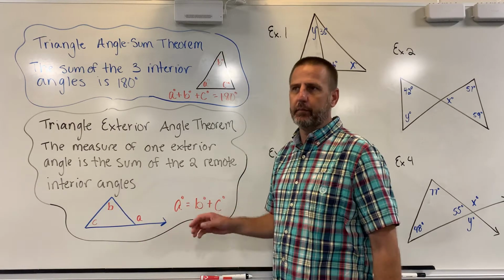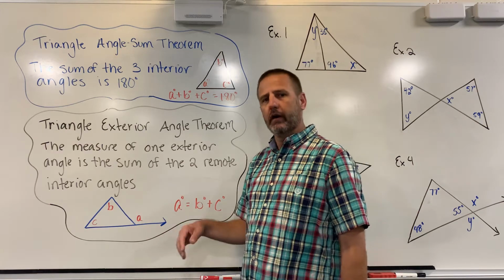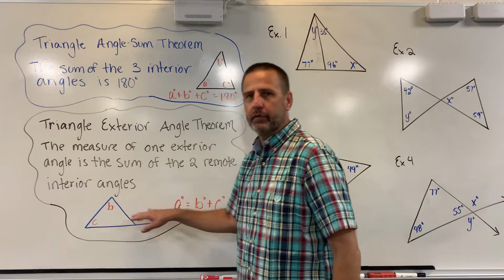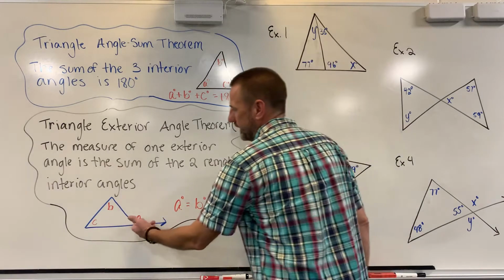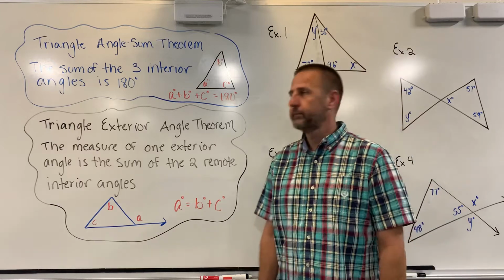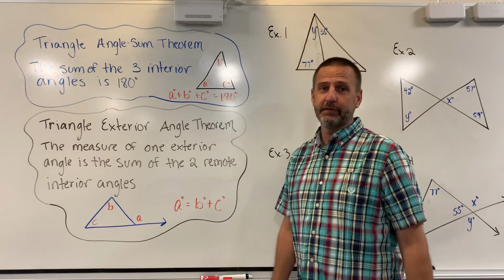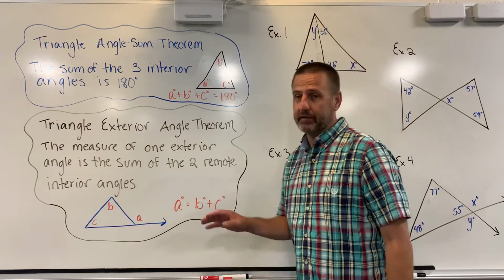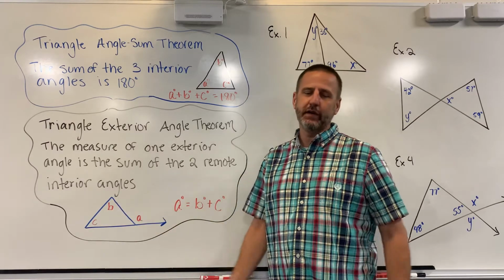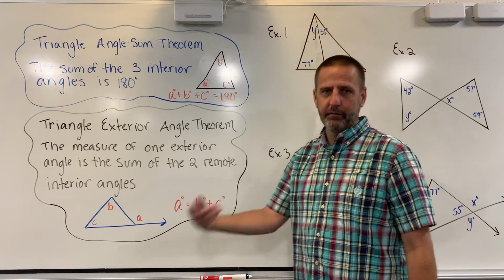If you think about remote as meaning afar, B and C are the farther away angles from A, and they don't make the linear pair with A, so we call them remote interior angles. That's my best explanation to make it simple: I like to think of remote as far away, so here's A, and B and C are far away. Just trying to keep it simple, something you can remember.